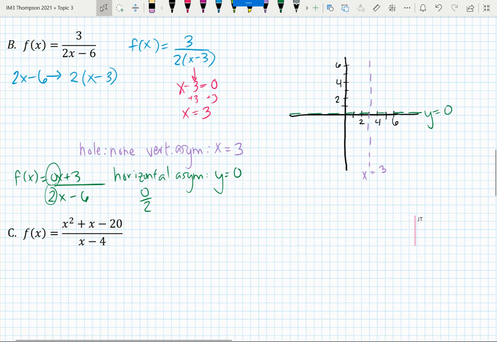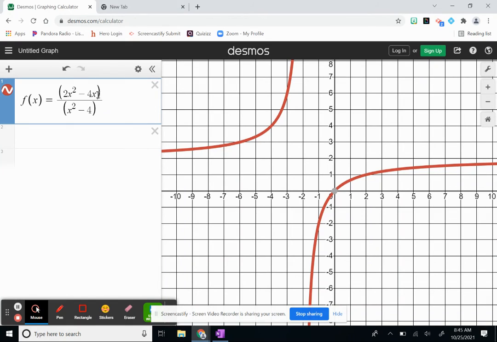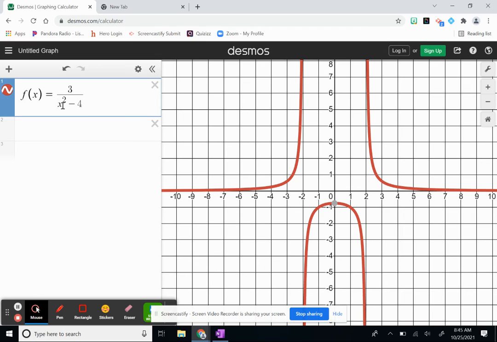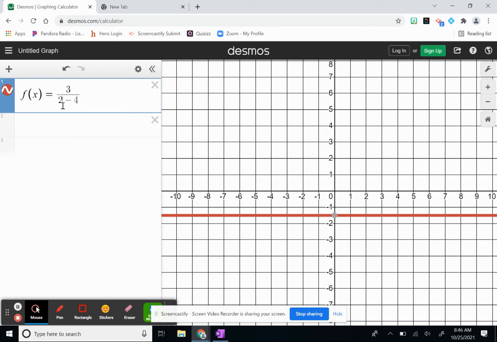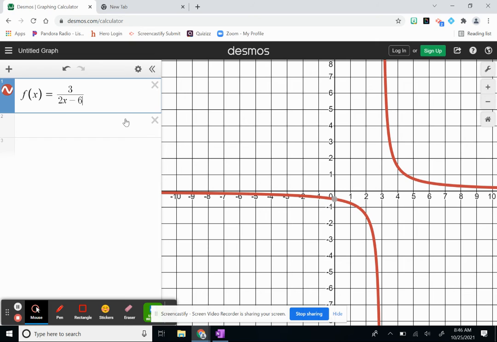Now I have a general idea on what this graph is going to look like, but I'm going to go over to Desmos, graph it, and try to find out some anchor points to really make it a little bit more specific. This graph doesn't actually hit any whole number, so I'm going to find something that I can use. 4.5, 1.